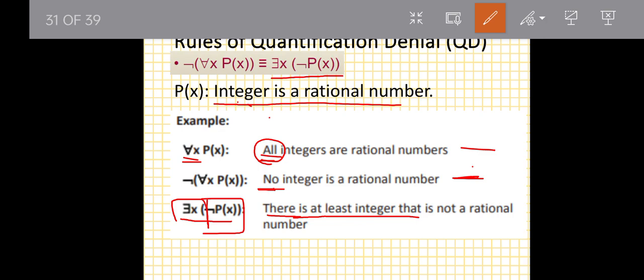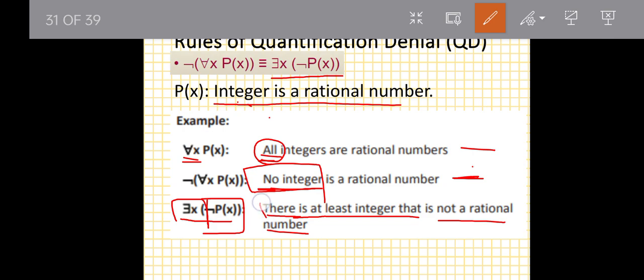So, integer is not a rational number. So, all integers are rational number. So, negating that one, no integer. No integer is a rational number. So, equivalent na siya sa there exists negation of our p of x. So, there is at least integer that is not a rational number.